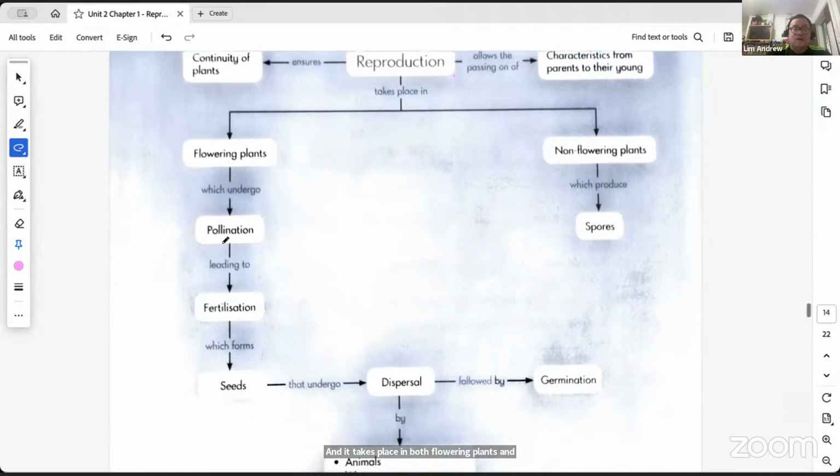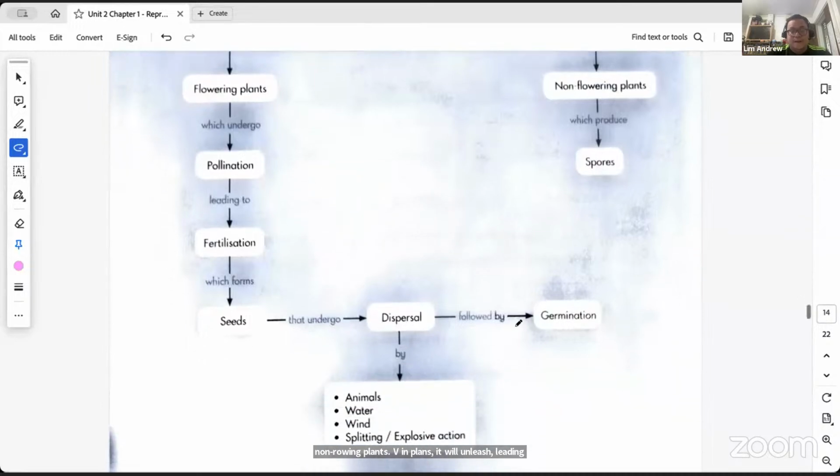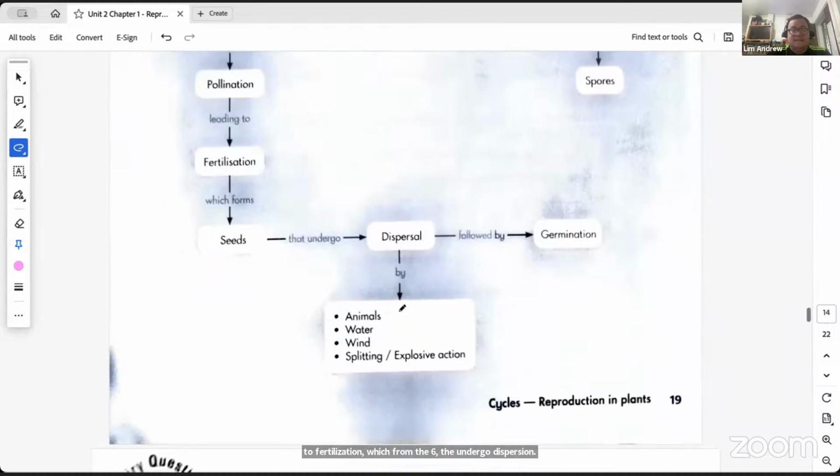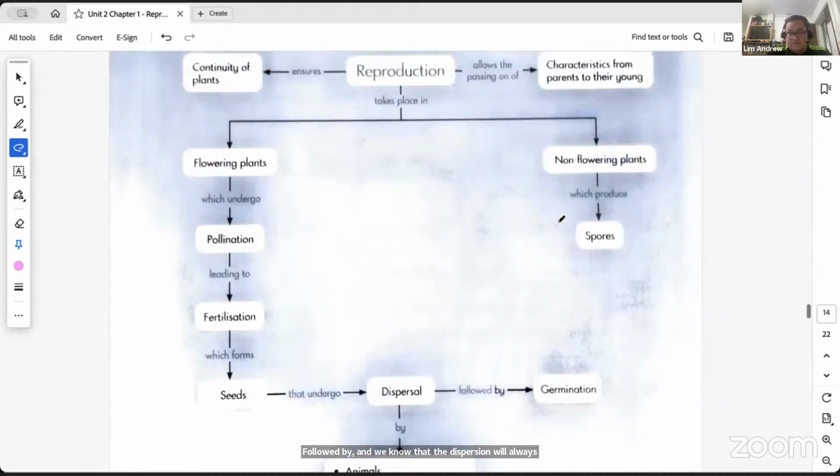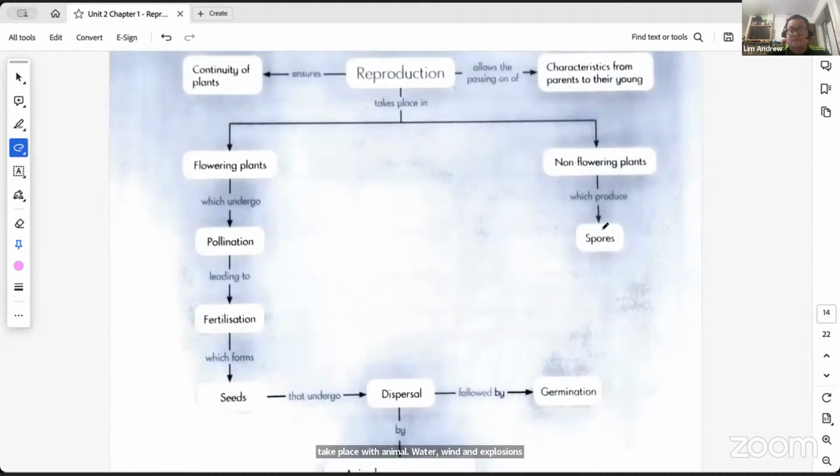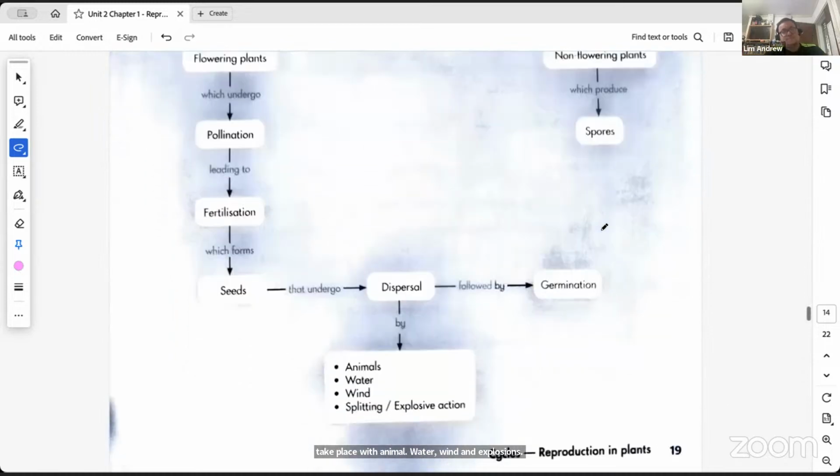Flowering plants undergo pollination, leading to fertilization, which forms the seeds that undergo dispersion, followed by germination. And we know that dispersion takes place through animals, water, wind, and explosions. Whereas non-flowering plants produce spores.